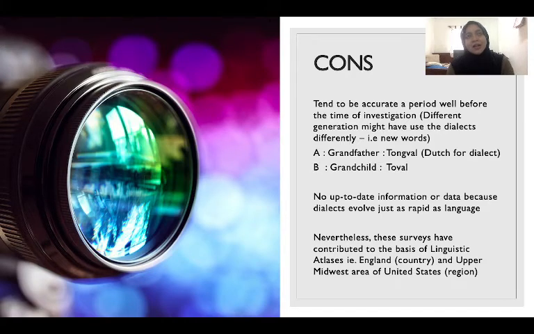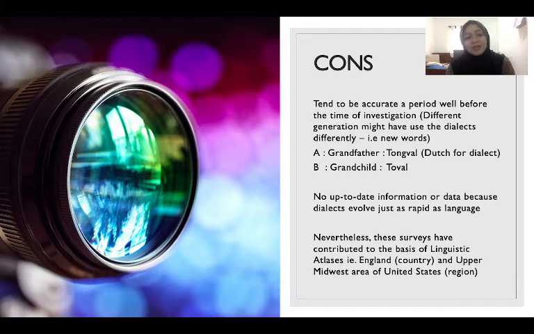For example, our grandfather might use the dialect that he is familiar with, but the grandchild might not be able to understand, because the grandchild has been exposed to a lot of changes in terms of new words.